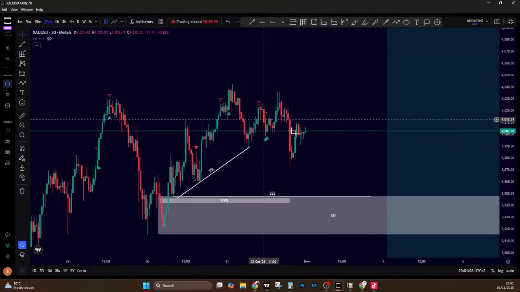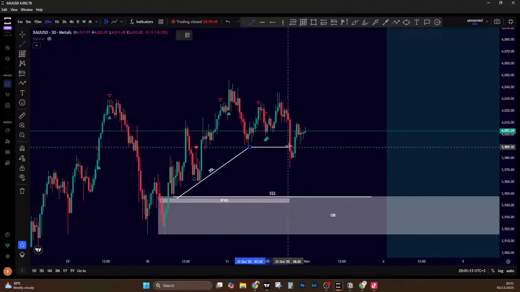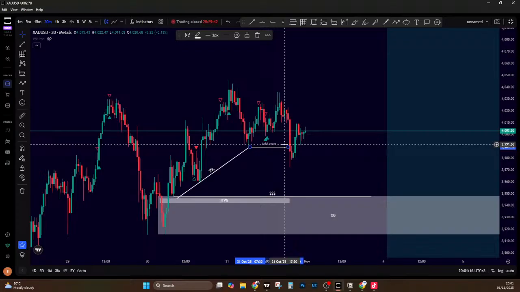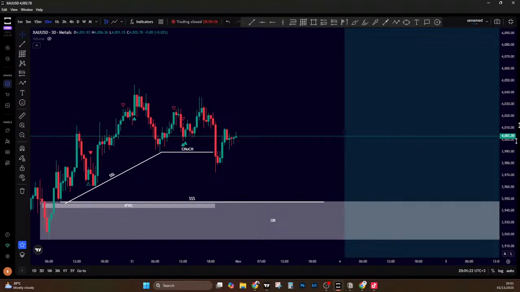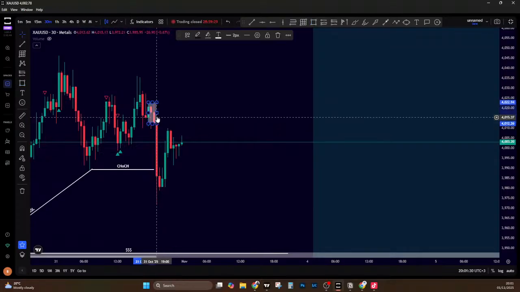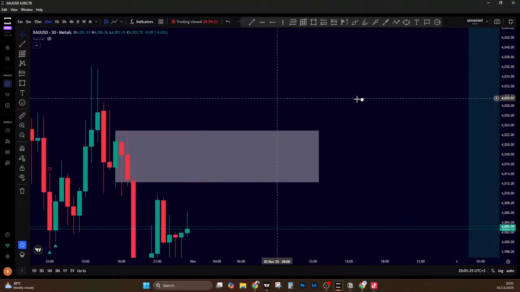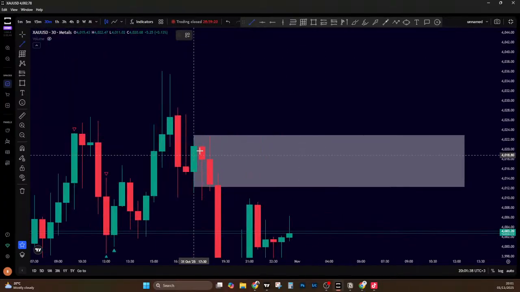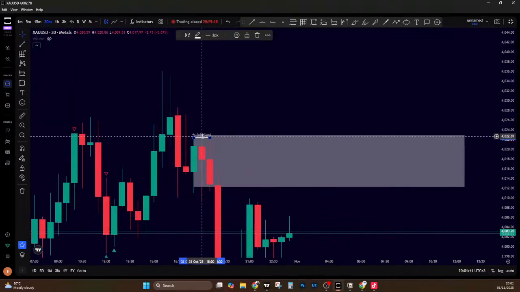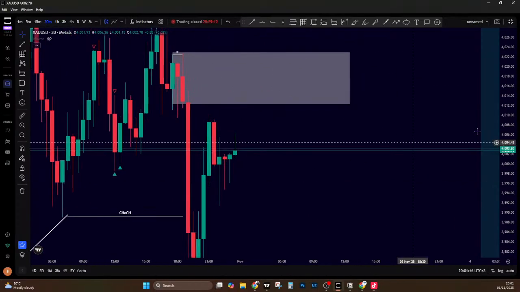So, if you look at this move, just allow me to call this change of character. This move here, and then this move went back to this order block here. It took liquidity here, this order block. It has FVG, it has broken structure.